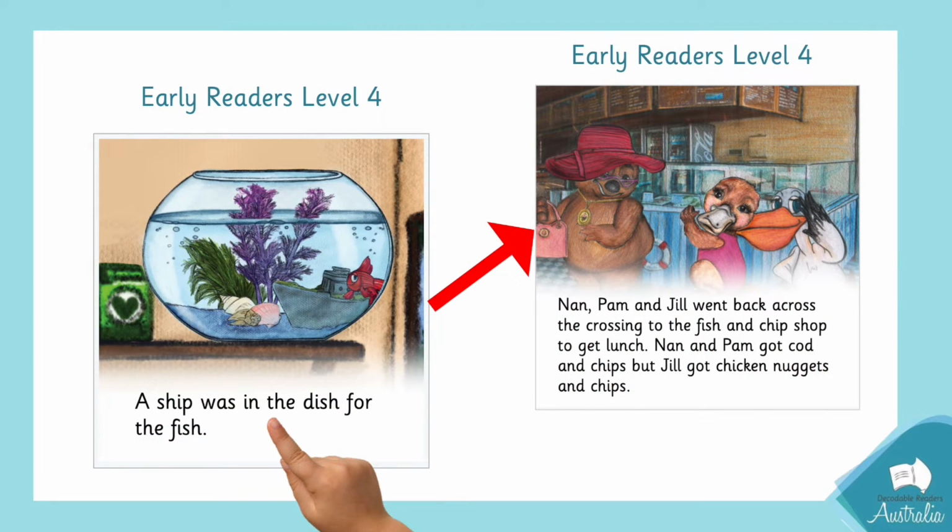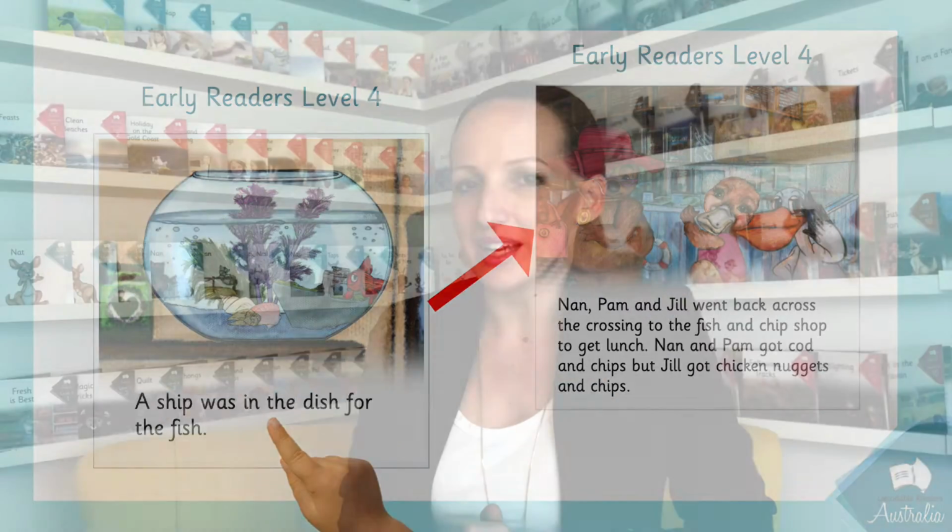From level 4, which is the introduction of our consonant digraphs, all the way through level 5, 6, 7, and 8, we actually have books that have phonic focuses. That means that you don't have to wait to introduce all of the phonics for that level before you introduce these books.